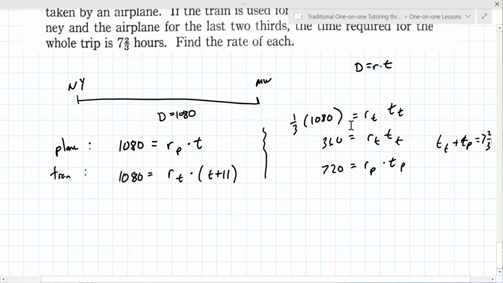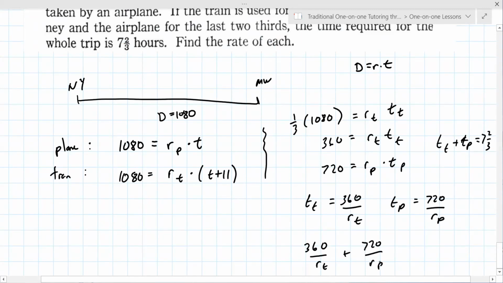If we solve this first equation, T_T equals 360 over R_T. And the second one is T_P equals 720 over R_P. These two together equal 7 2/3. So it's 360 over R_T plus 720 over R_P equals 7 2/3.